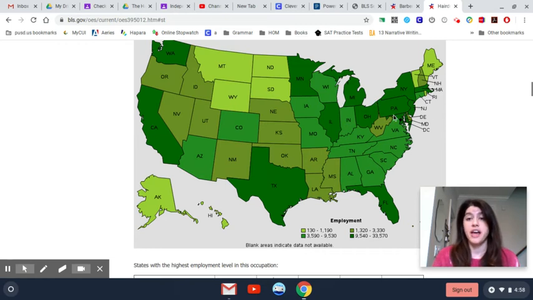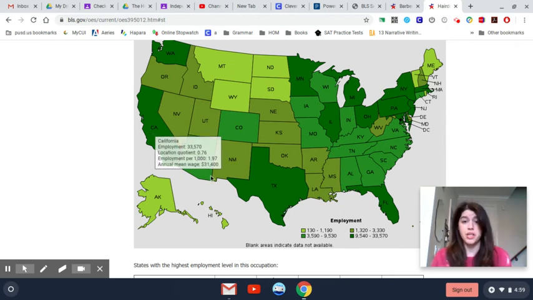We can also see that that's the case for Ohio, Michigan, Minnesota, Illinois, Washington, and Maryland as well. So there are a lot of jobs for hairstylists around the country. And it seems like right now, California is a great place. If you are going to be a cosmetologist or a hairstylist, you're in the right state.